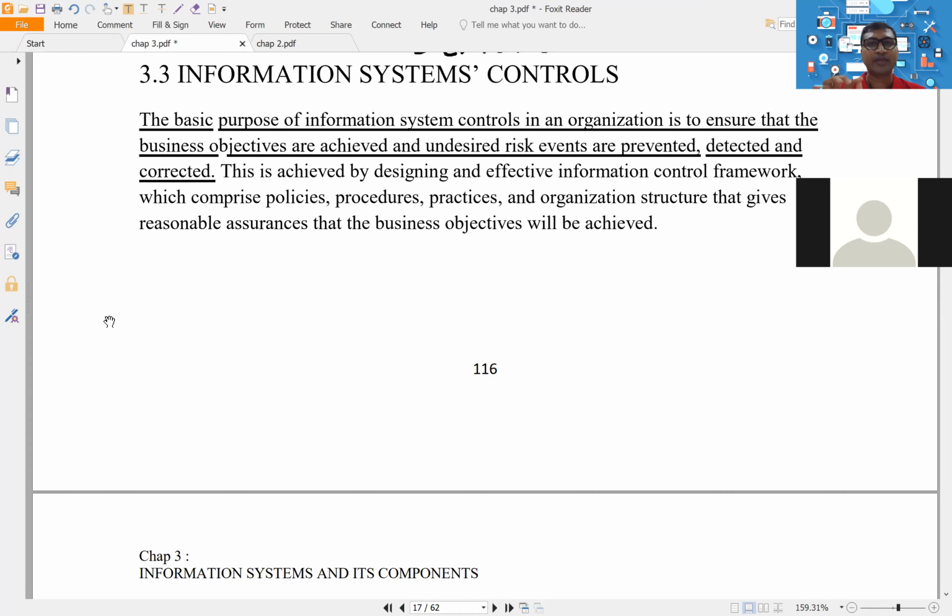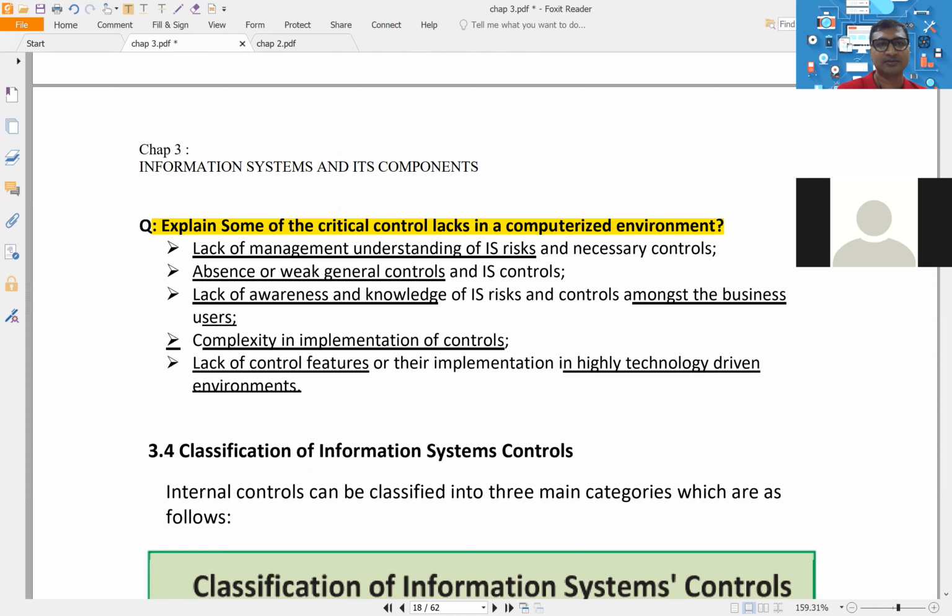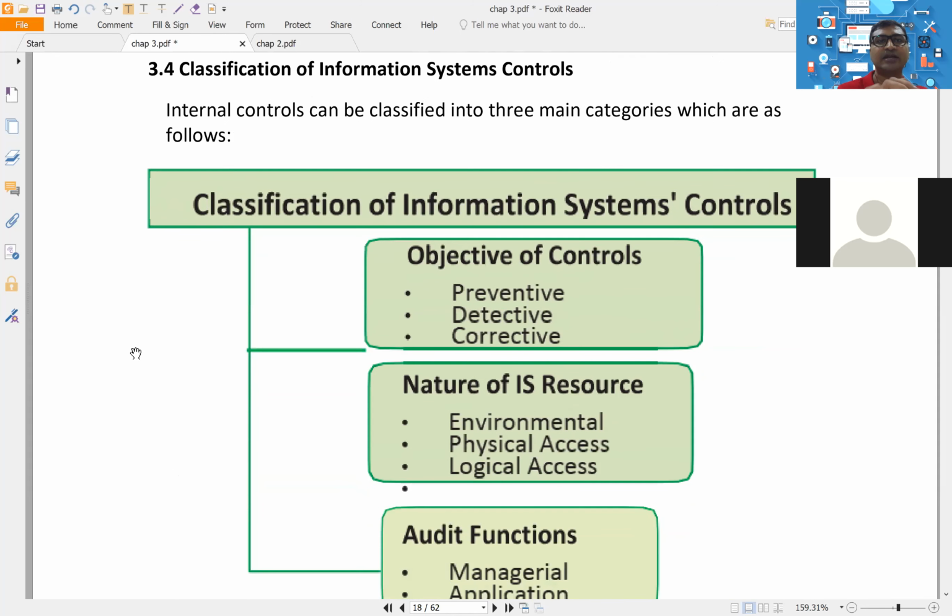Controls should be preventive, detective, and corrective. This was the basic definition of controls. Okay, but obviously when we talk about computers, then control means different types of security which will be implemented to secure our data.